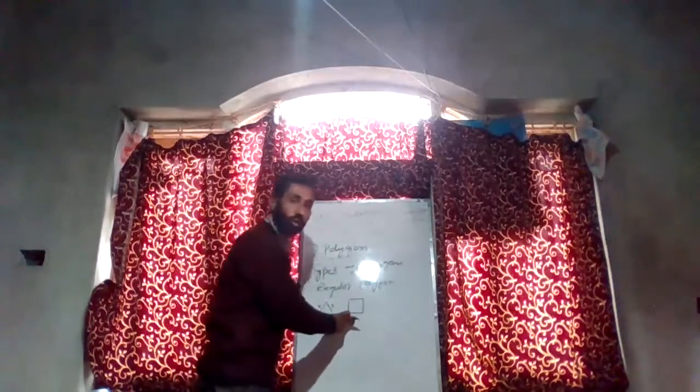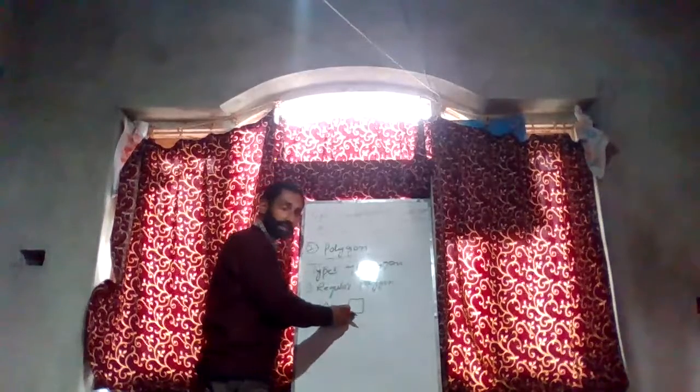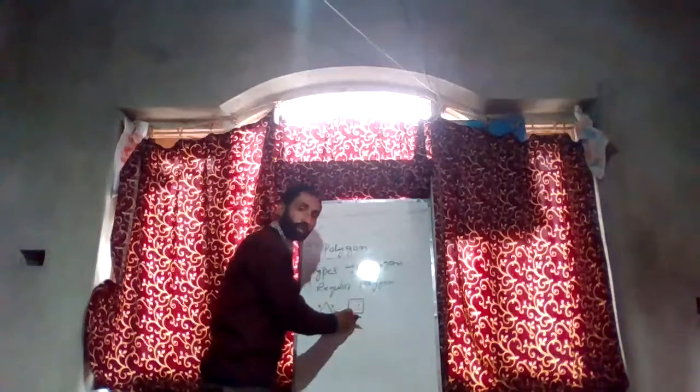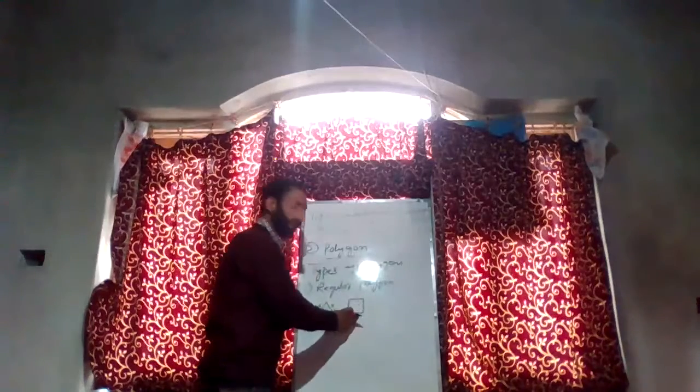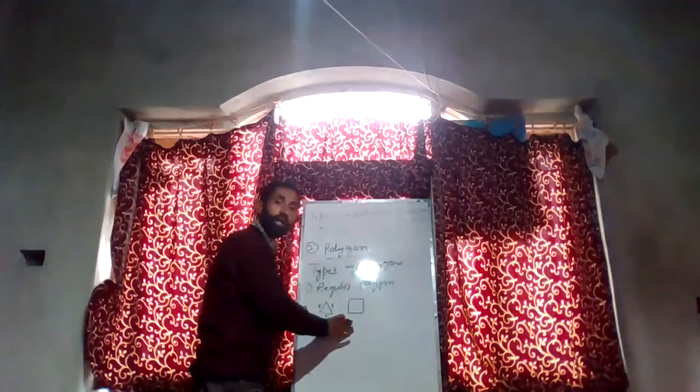This square also has all four sides equal by length and all angles equal by measurement. Each angle of the square is 90 degrees. So these two figures are regular polygons.